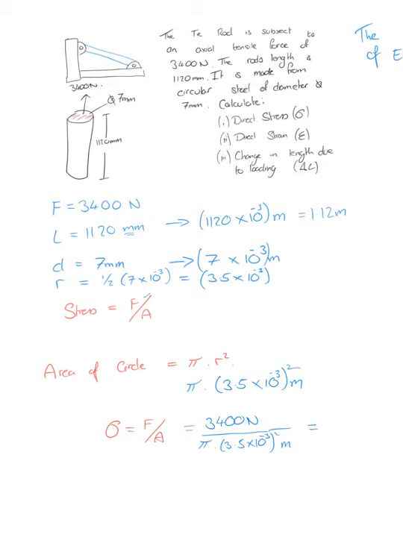It's going to work out to be a pretty big number, 8,347,233. So if I want to round that, I can call it 8.3 megapascals because it's newtons per meter squared, or I can write it as 8.3 by 10 to the power 6 pascals. But I know the stress that's happening in the system now, so I've solved question 1.